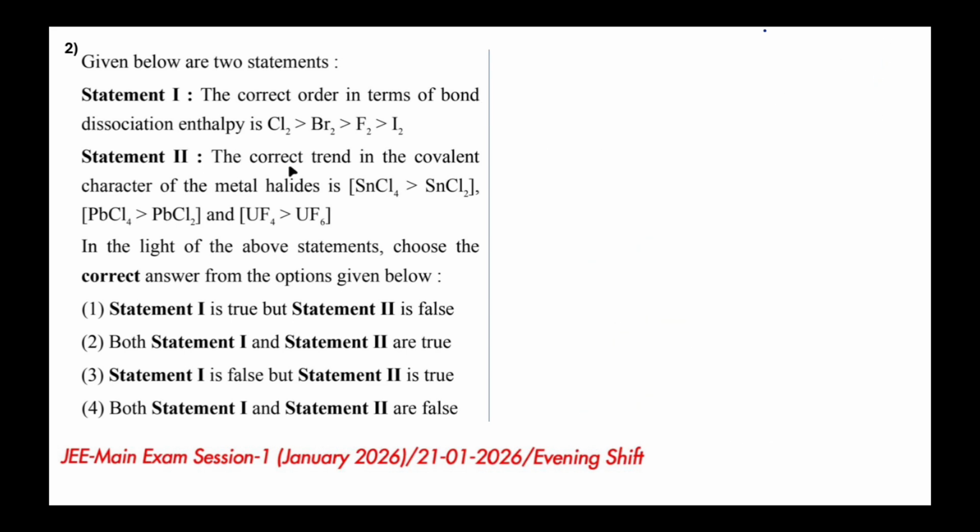In statement 2, the trend in covalent character of the metal halides is given as SnCl4 is greater than SnCl2, PbCl4 is greater than PbCl2, UF4 is greater than UF6.